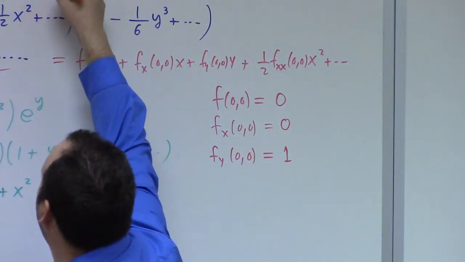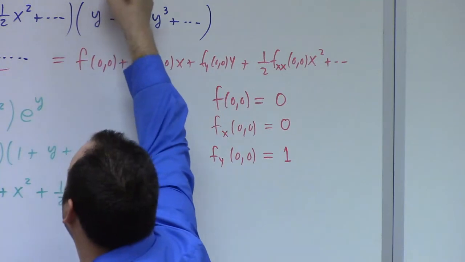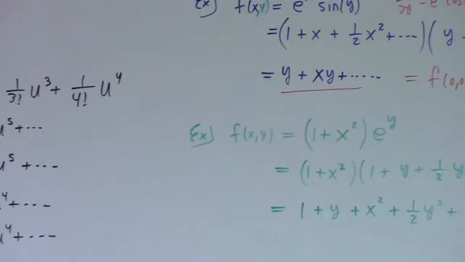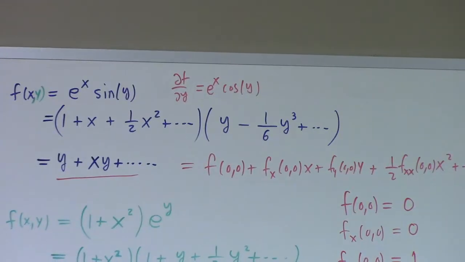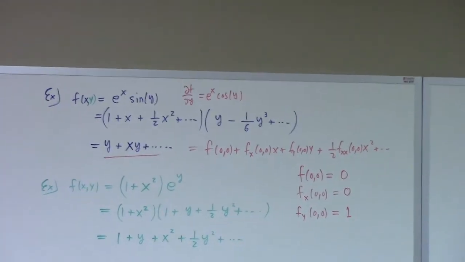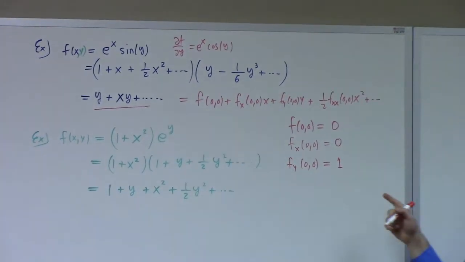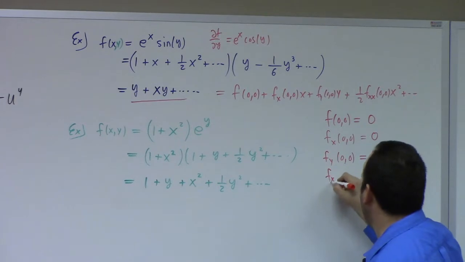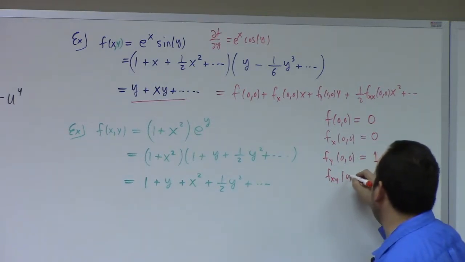What would you get? e to the x cosine of y. So if you plug in 0, 0, you get 1 times 1, which is 1. But I'm trying to point out that I'm reading them from this. What is f_xy? Also equal to 1, yeah.